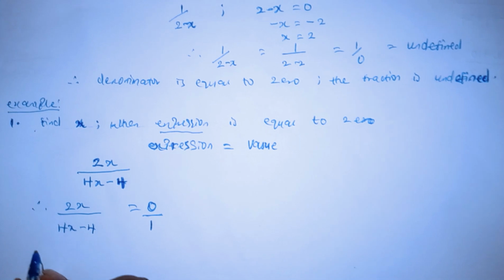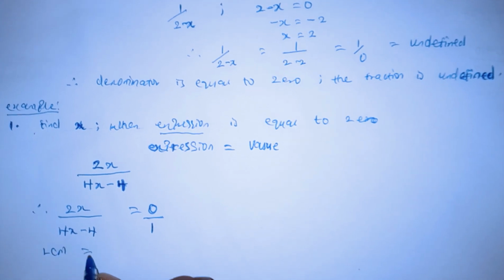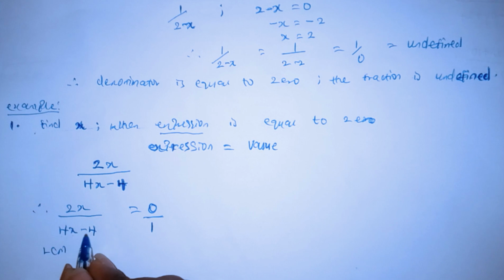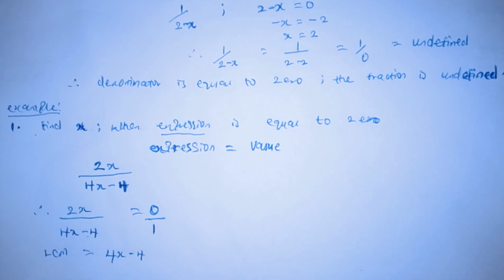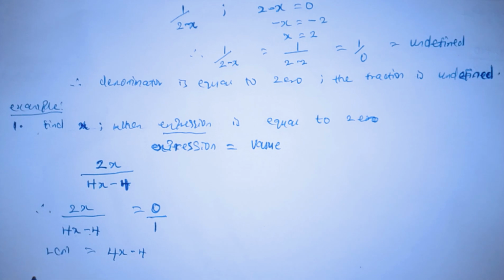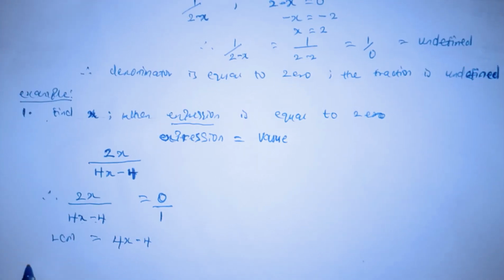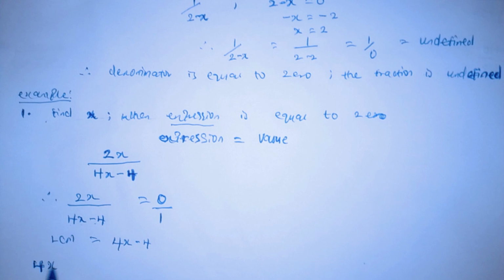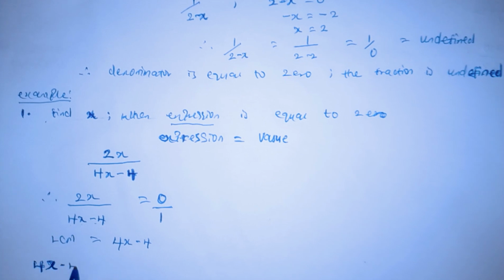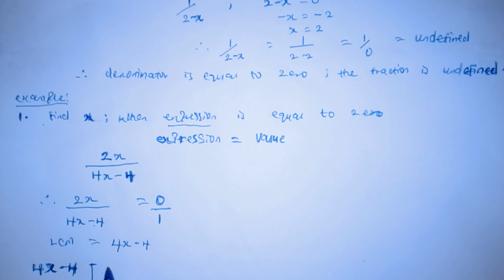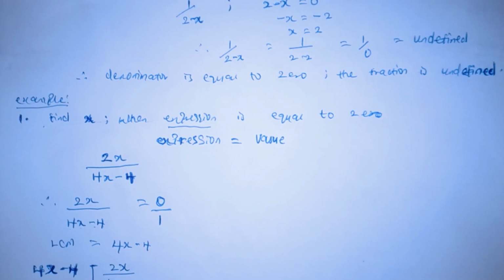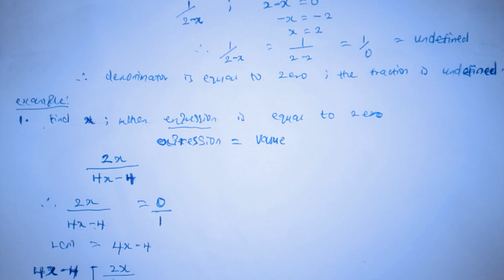You find the LCM, and the LCM of 4x minus 4 and 1 is 4x minus 4. You multiply it through. If this is your first time watching the video on undefined fraction, I will advise you to go to the topic called undefined fraction for you to understand better.